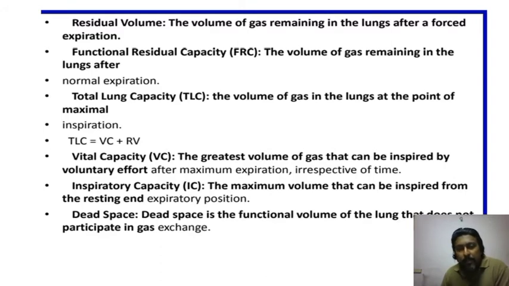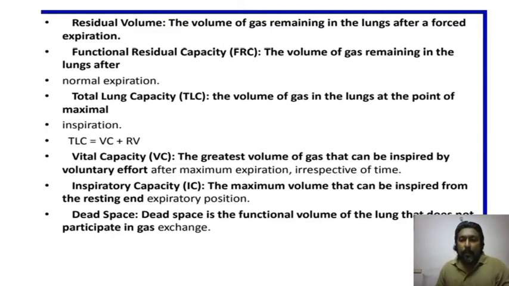Now the total lung capacity, again a very important question. Total lung capacity, they used to ask this particular question numerous times. The total lung capacity is nothing but the volume of the gas in the lungs at the point of maximal inspiration. Maximal inspiration is not your normal inspiration. Maximal inspiration is something like this. I will enact it. This is not maximal inspiration. Still I can inspire something more. Still I can inspire.